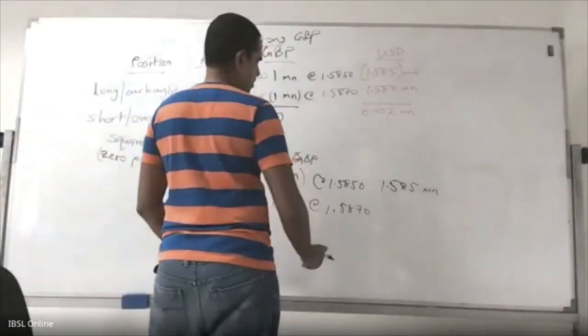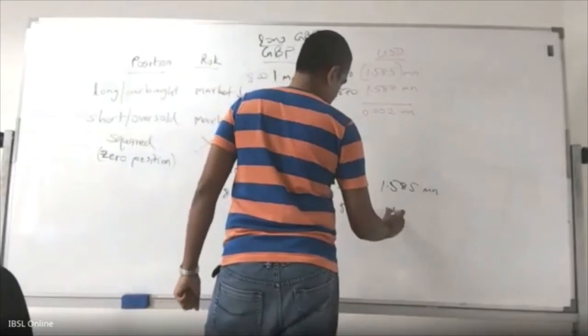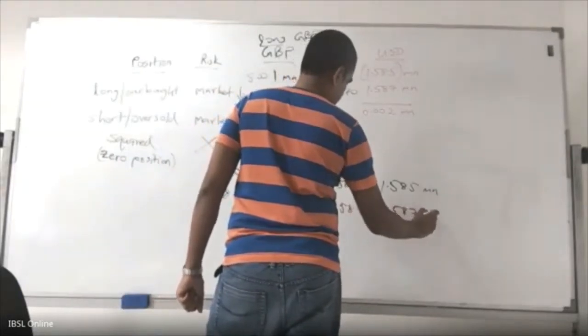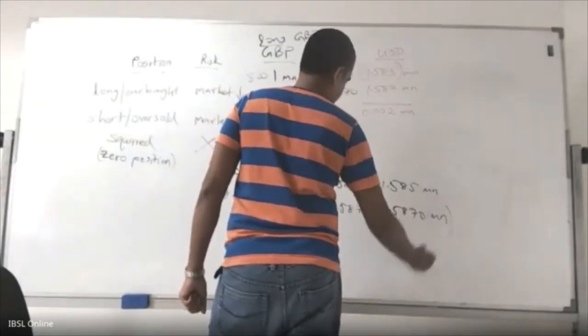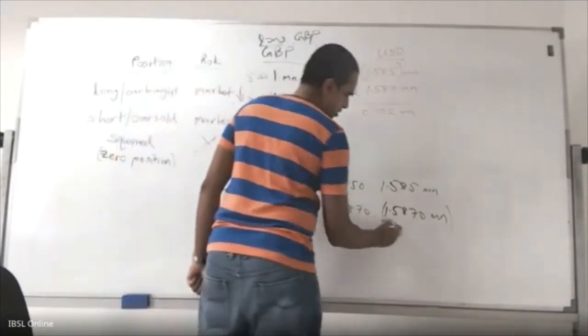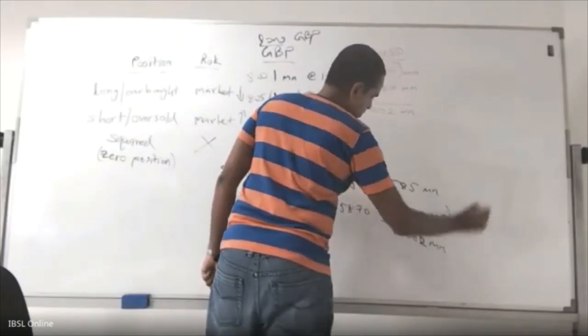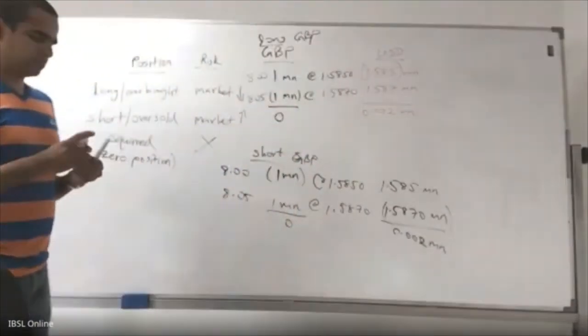So if you buy back sterling, you are short of dollars. You will be short of 1.587 million dollars. Sterling position is 0. Dollar position minus $2,000.